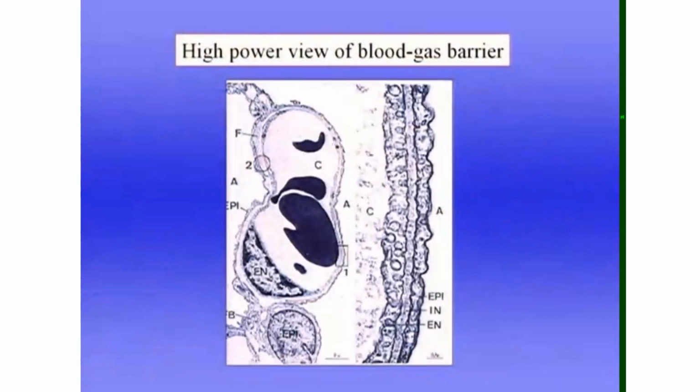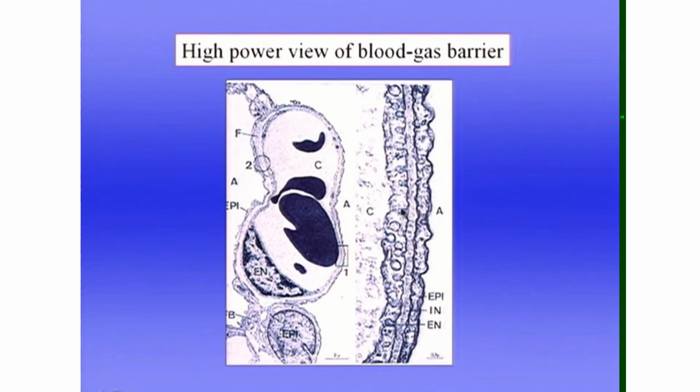Now, if you're really nosy, here's a nice micrograph of the blood-gas barrier. You'll notice that this is actually the last image I showed, the image on the previous slide, and the micrograph people have taken a section of it here, down here, and magnified it tremendously. In fact, I can see, maybe you can if you look very carefully, that bar is about 0.4 of a micron, fantastically high resolution, high magnification.